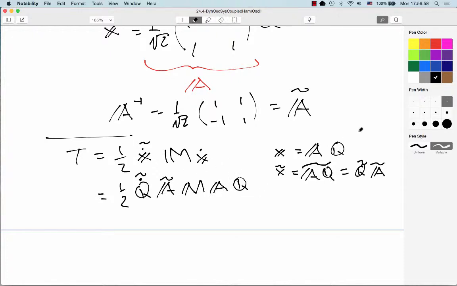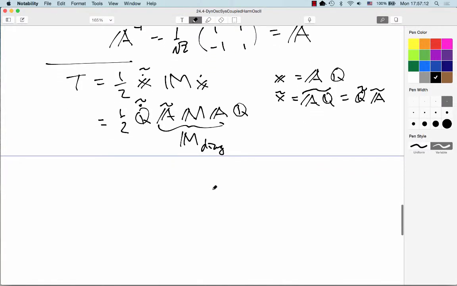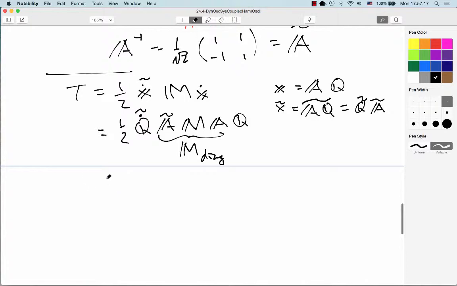So I look at this A twiddle M A. That's going to be a diagonal matrix, so we're just going to go ahead and call it M diag. All right. And let's just verify that that's true. So that'll equal A twiddle M A. From both the A twiddle and the A, I'm going to pick up a 1 over root 2, so I'll have 1 over root 2 squared.